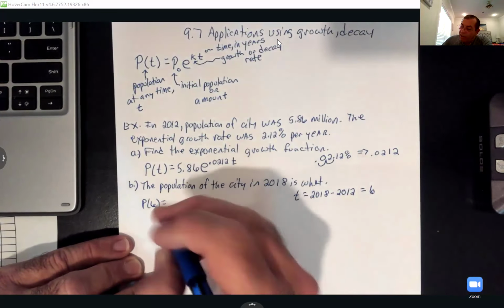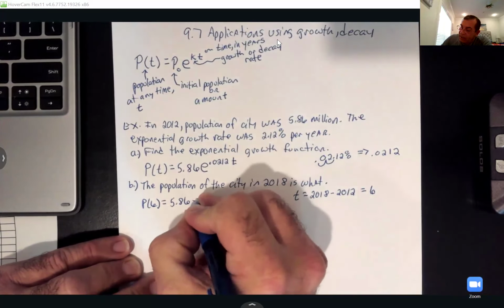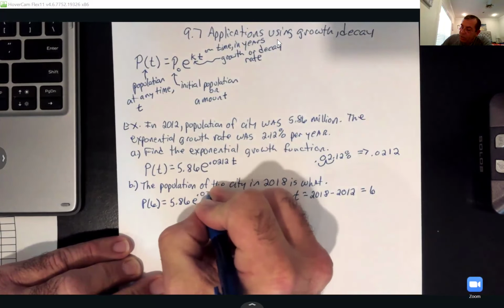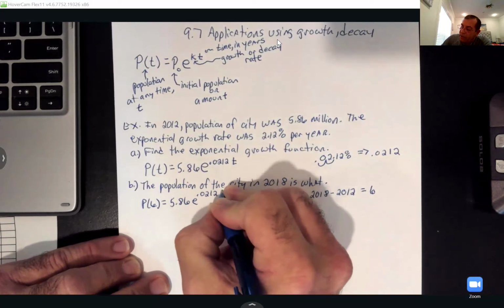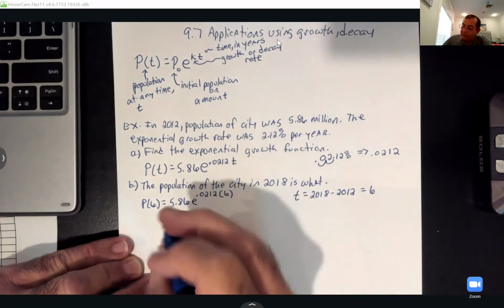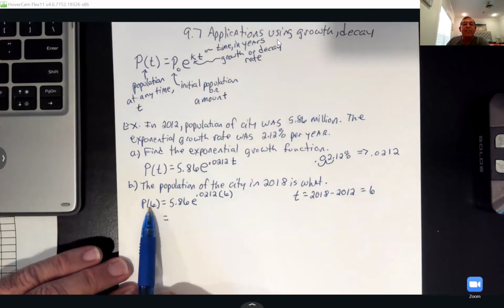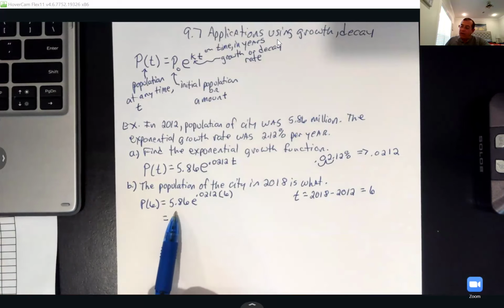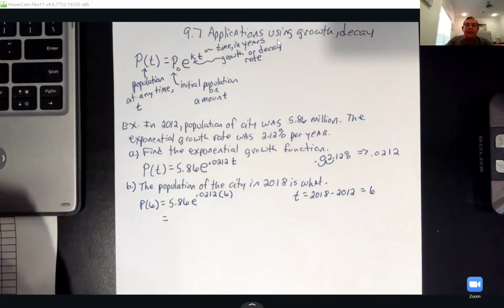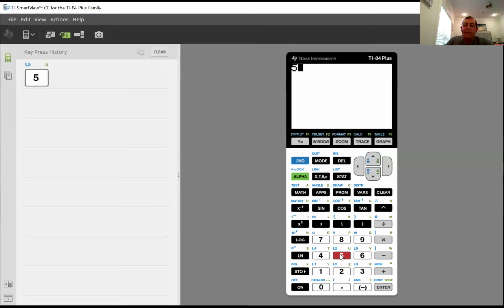So we got our 5.86 E to the 0.0212 times T, which was 6. So we estimate the population at 6 years, okay? So y'all, I just go to my calculator and punch that in. I'm going to share that screen with the calculator. So we got 5.86.